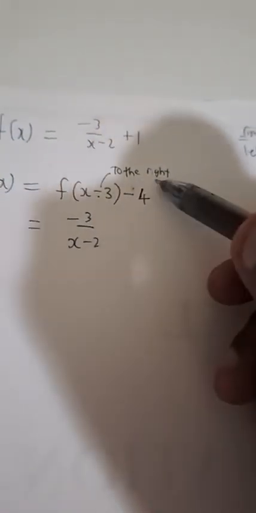Hopefully we get that. So let's go now to the actual function. This here is f. Let's rewrite negative 3 over x minus 2, but since this is translating 3 units to the right, we are subtracting 3 from whatever is in the denominator. That's very important because that speaks to the right.